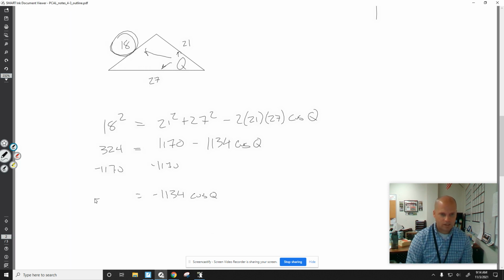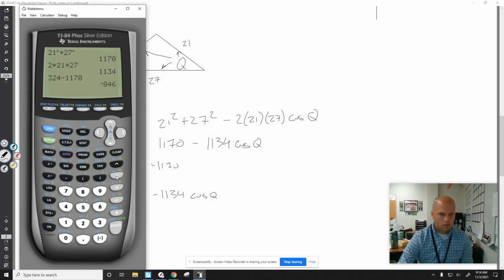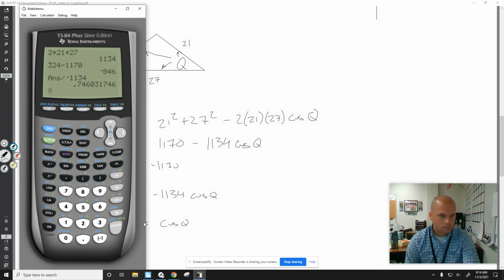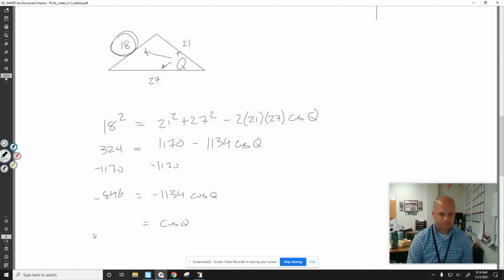That's negative 846. I'll then divide by negative 1,134, and I get 0.746. So this is what the cosine of Q is equal to, 0.746.